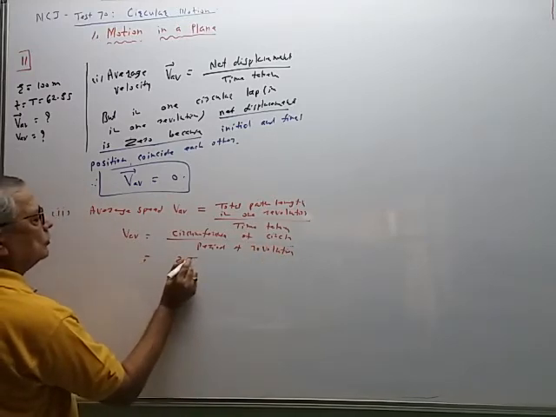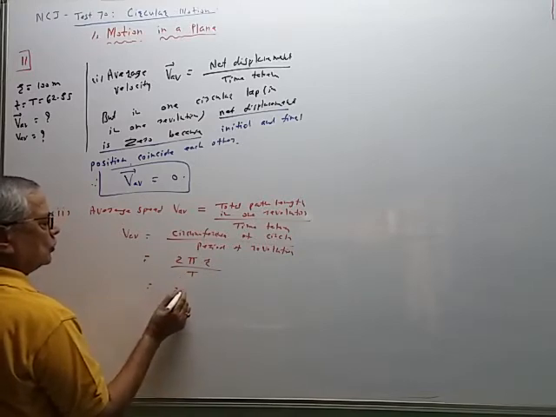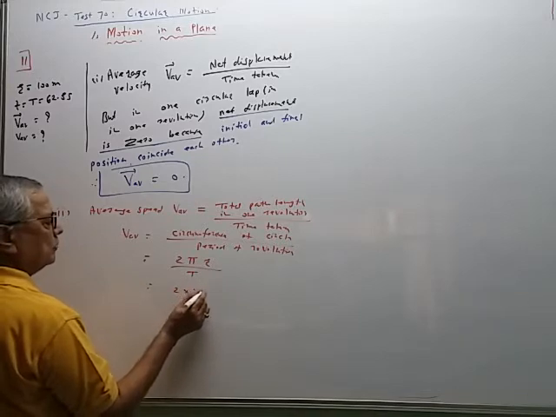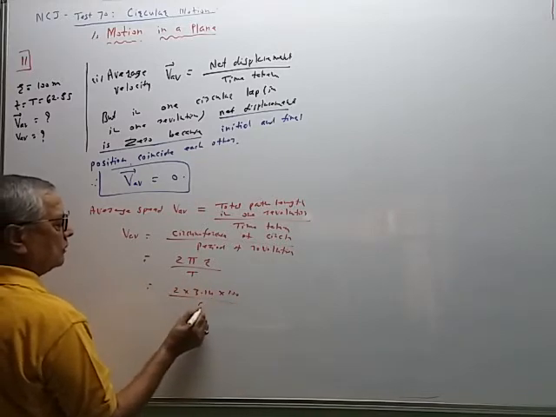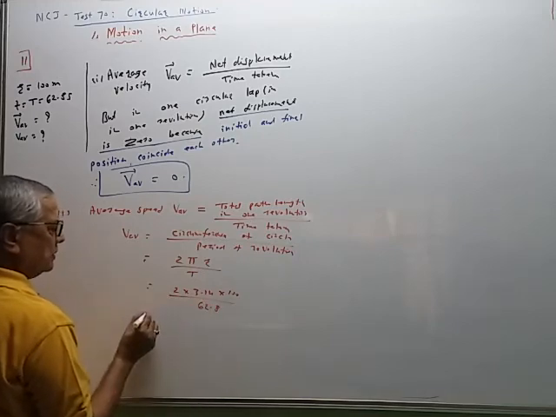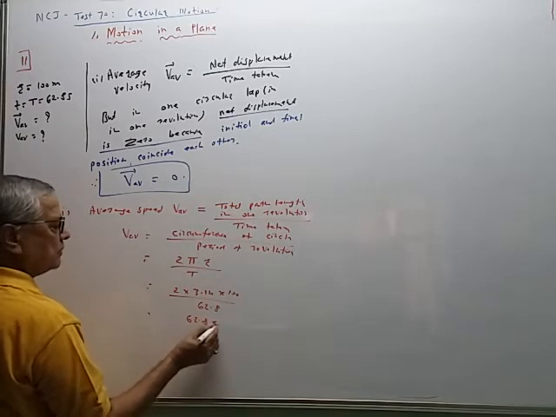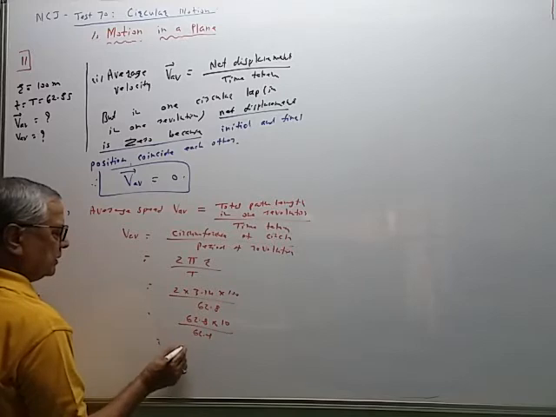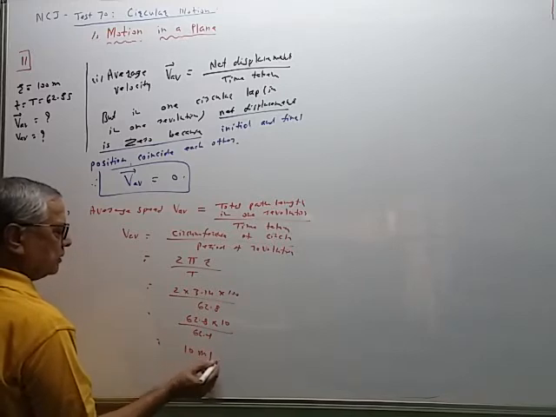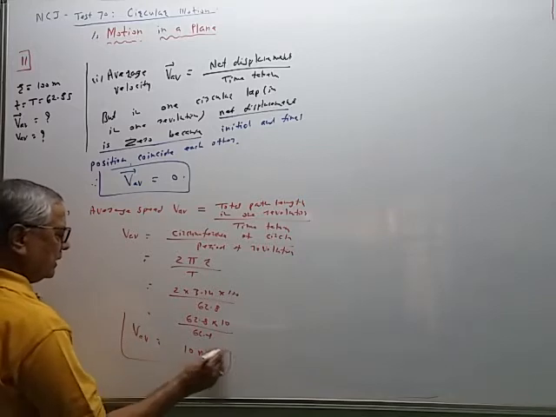So this is equal to 2 pi r upon capital T. So 2 multiplied by 3.14 multiplied by 100 upon 62.8. So 2 into this value is 62.8 multiplied by 10 upon 62.8. So that is equal to 10 meter per second. So average speed is never 0 and it is equal to this much.